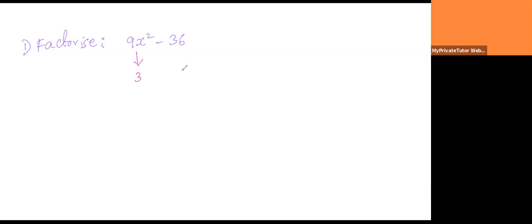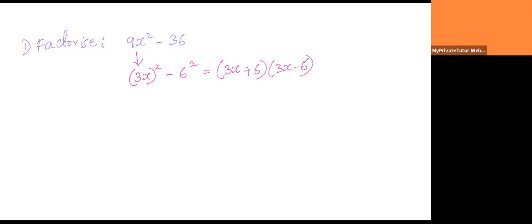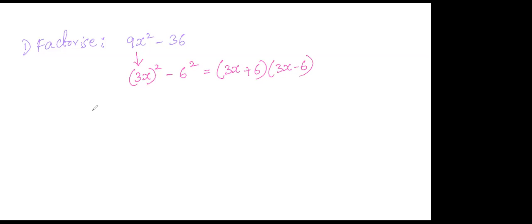Then what you can do is 3x plus 6 and 3x minus 6. Are you able to follow me, guys? Iris? Yes. Great. Mohammed, I hope you followed. Yes, sir, that's the correct answer. Please try the next one, guys.